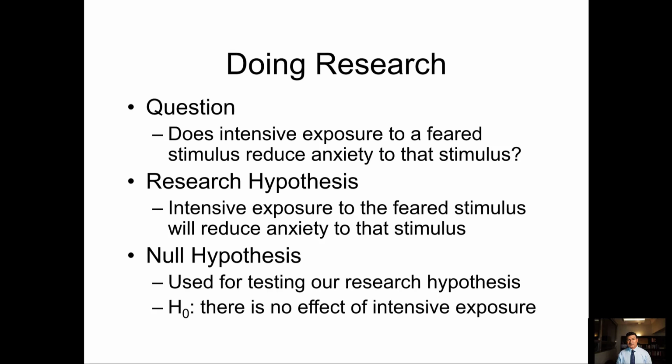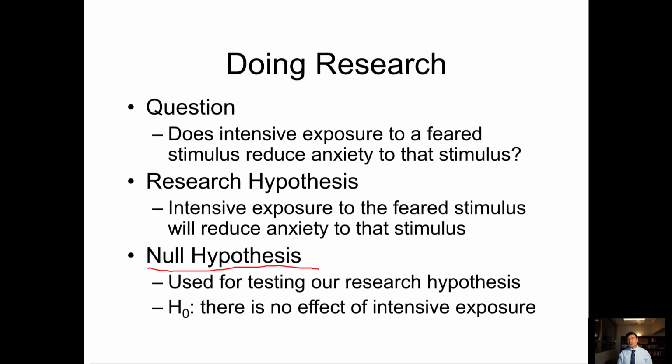I'll start on the bottom of this slide. The null hypothesis is what we put up that we're trying to knock down, and it's always worded in this way: there's no effect, there's no relationship if we're talking about a correlational study, there's nothing happening. So it's a null, or nothing happening, hypothesis.